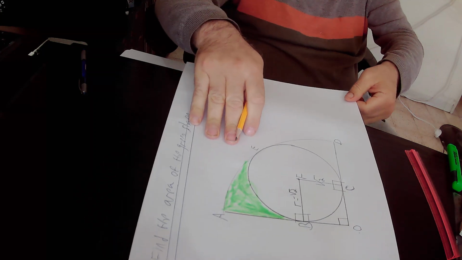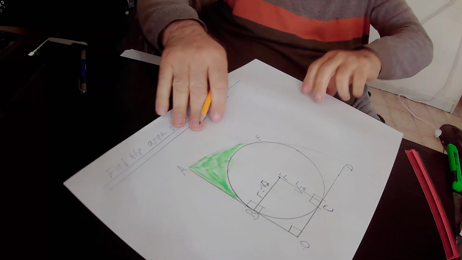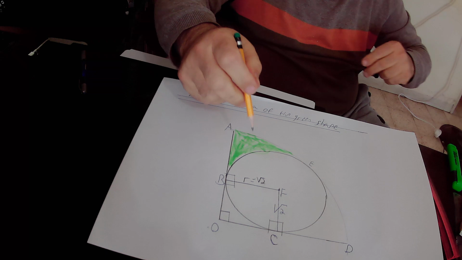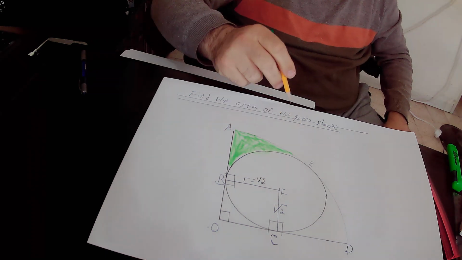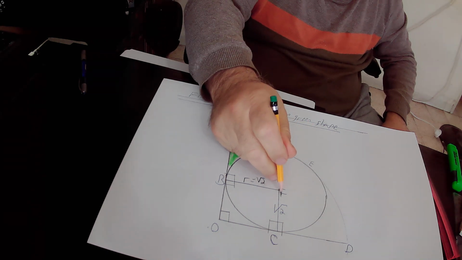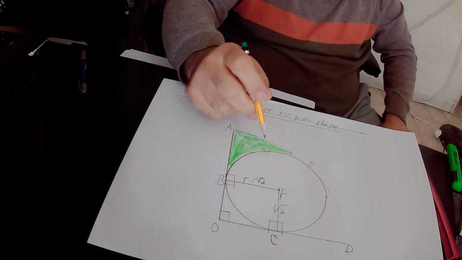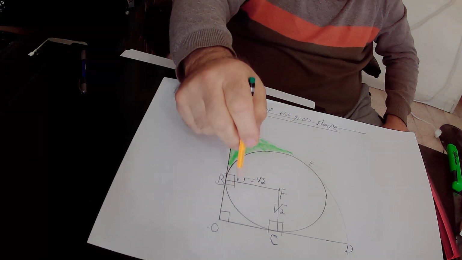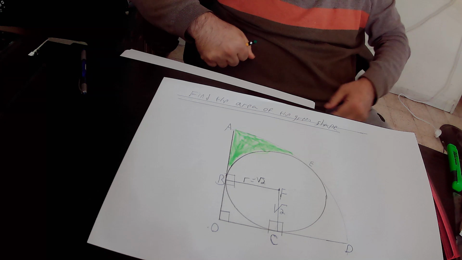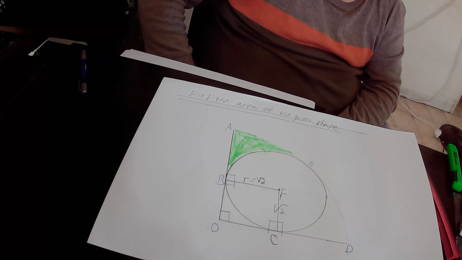In the next step, we focus on this small quadrilateral BFCO. Inside this small quadrilateral BFCO, we have 1, 2, 3 right angles. The sum of 3 right angles is 270 degrees.